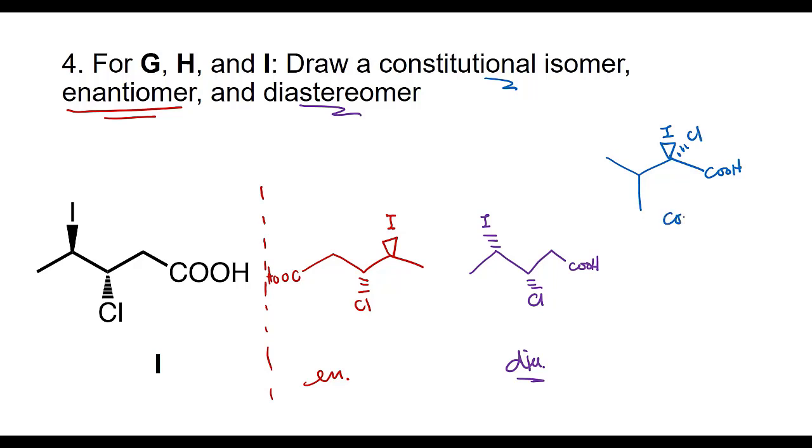I have the same chemical formula, but I have a different bonding. Completely different bonding. The only requirement for a constitutional isomer is the same chemical formula, which I have here. So, if they let you choose constitutional isomers, be creative, it's fun.